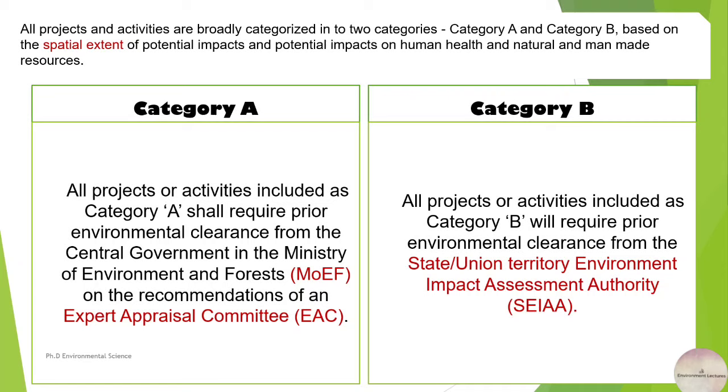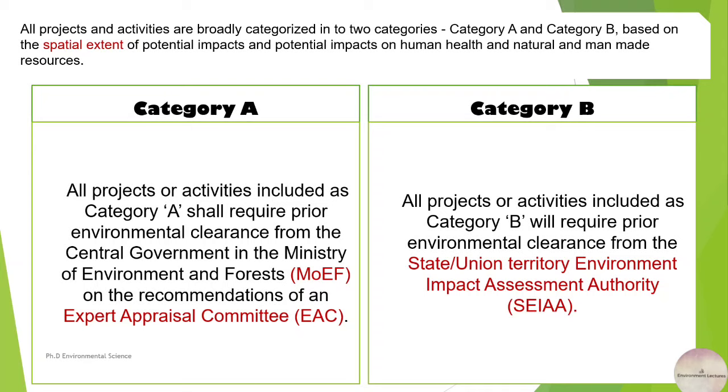Like the category A projects, they have large potential impact. They can affect large areas and significantly impact human health as well as natural and man-made resources. Due to the size and nature of their impact, they require a detailed EIA.